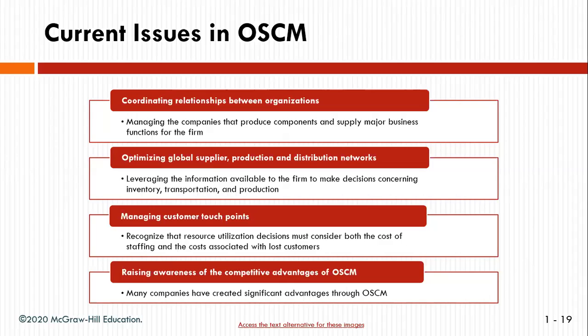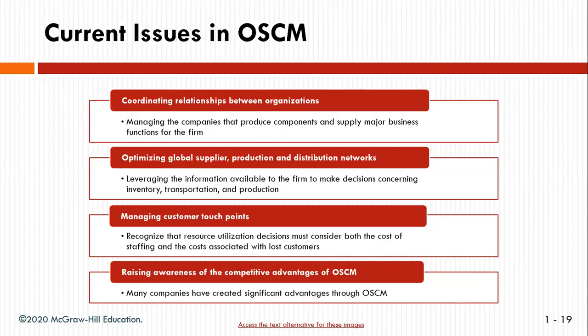So leveraging the information available to the firm to make a decision concerning inventory, transportation, and production is very important. Sometimes you cut part of your production, give it to the supplier, whether you work as horizontal or vertical with others, just to make sure that everything is under control. It is how you're going to make that decision.